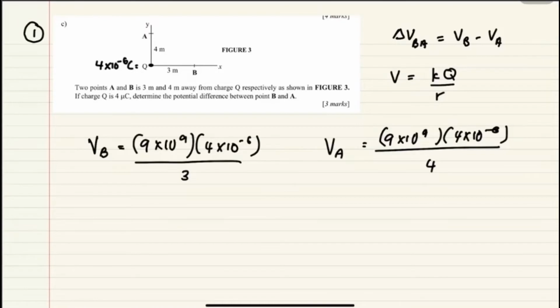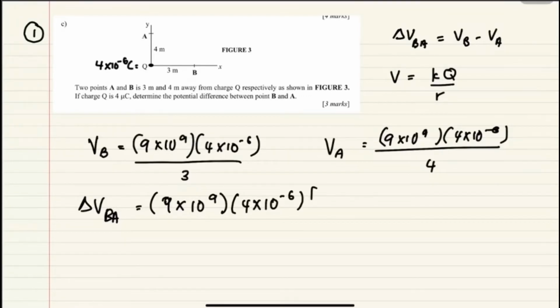Okay. So if I want to calculate delta VBA, it's 9 times 10 to the power of 9, multiply 4 times 10 to the power of negative 6, times 1 over 3 minus 1 over 4. So for delta VBA, did you get 3000 for this one?